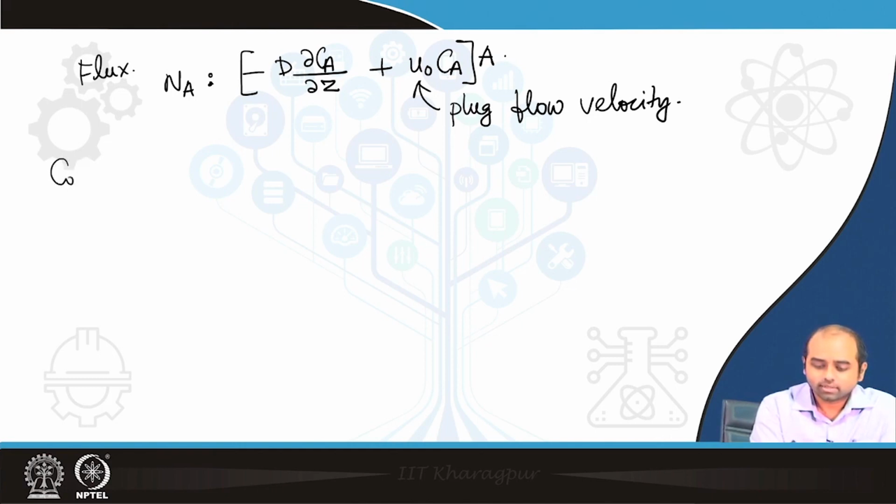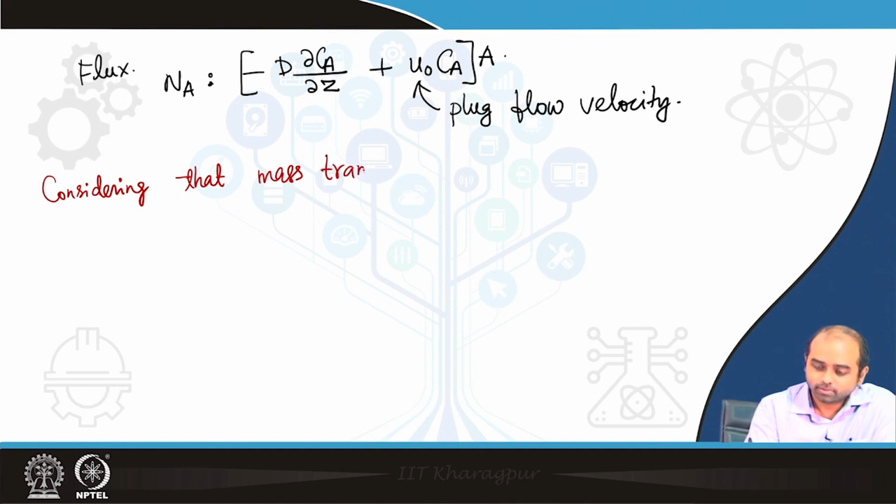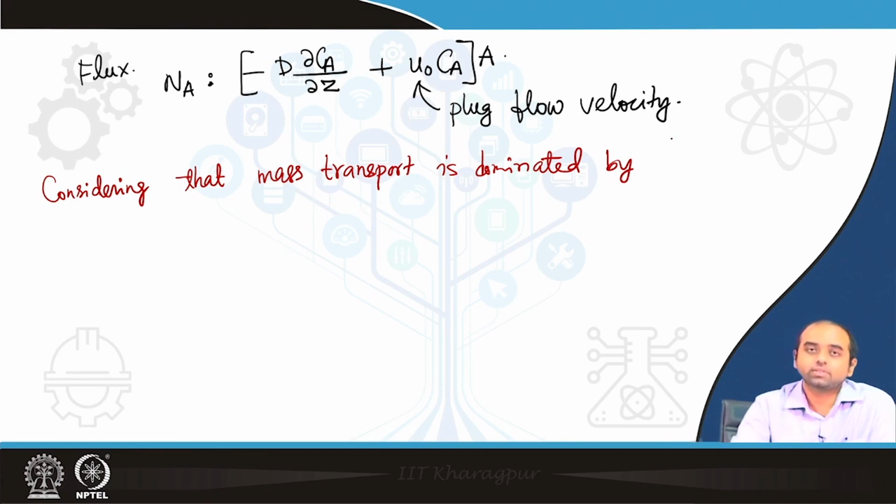Now, let us say, let me write this in red, that if you consider that the diffusion is insignificant or small compared to convection, so that the overall mass transport is dominated by convection alone, and this is likely the case in liquid systems, because the diffusivity of species in liquid systems is very small, and as a result Peclet number is high.